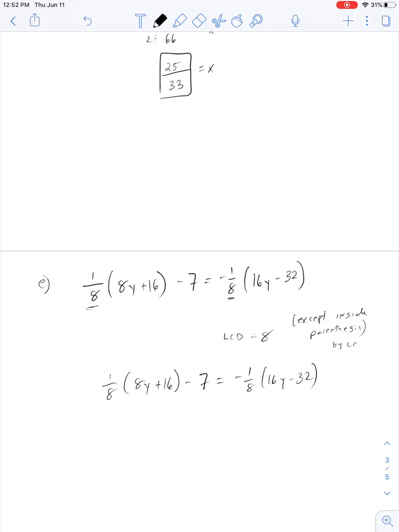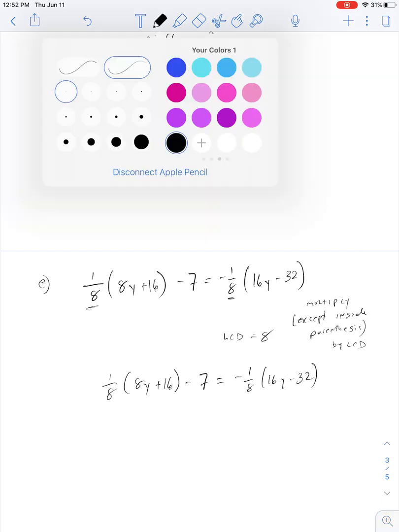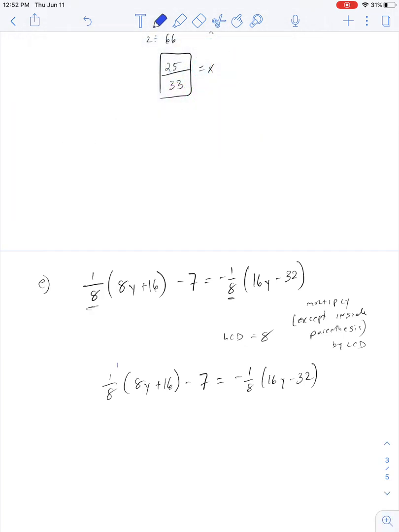By the LCD. So that means this gets multiplied by our LCD. This is inside the parentheses, so none of that. This negative 7 gets multiplied, and also this right here.